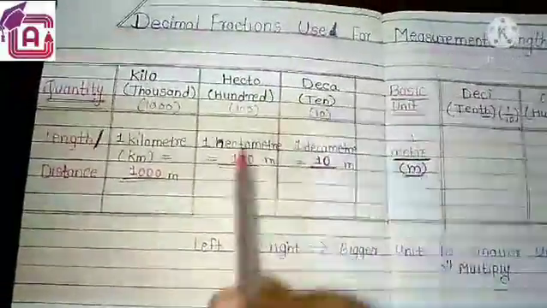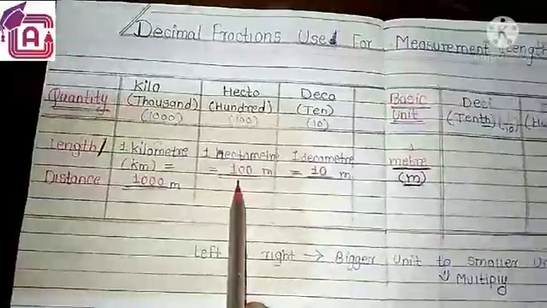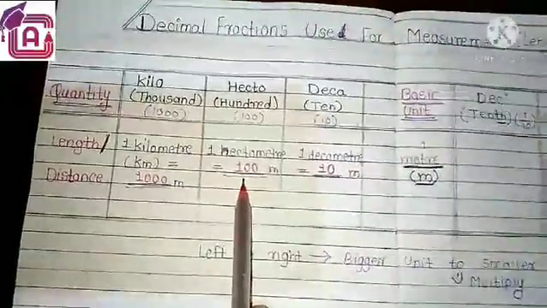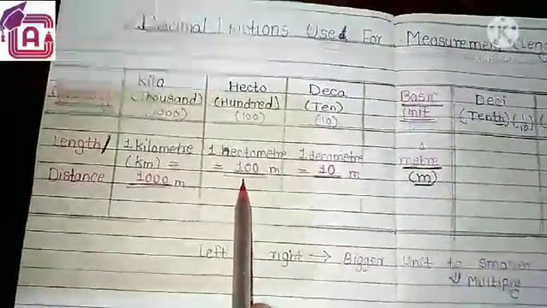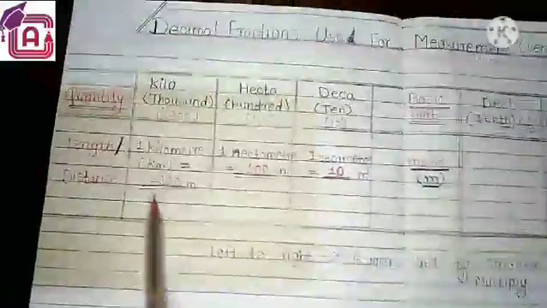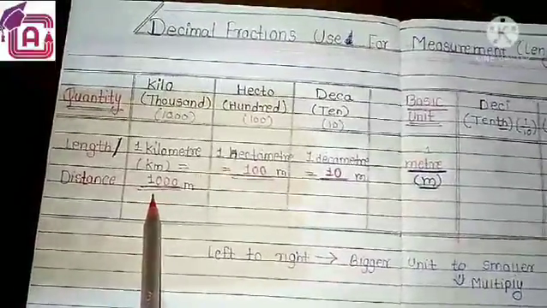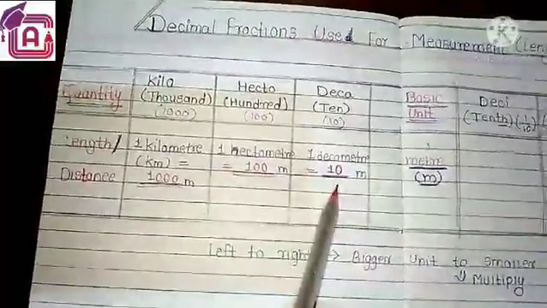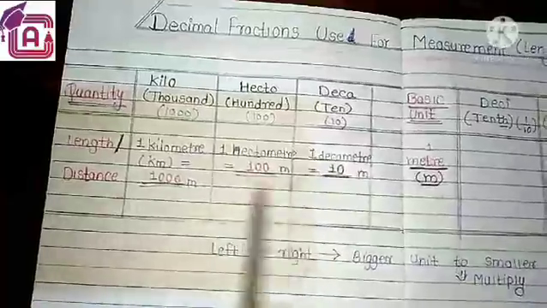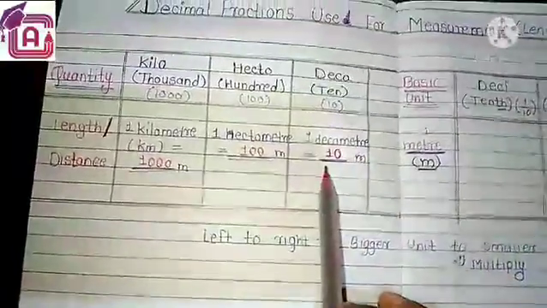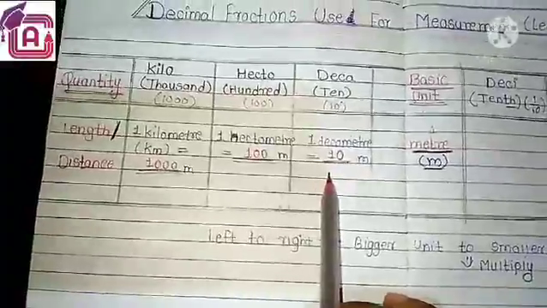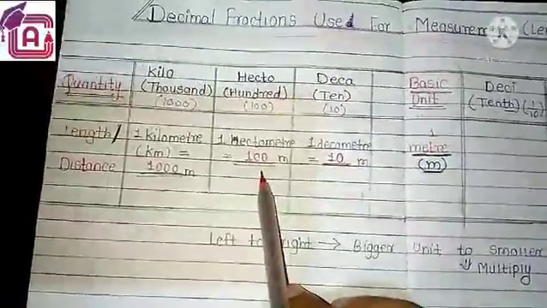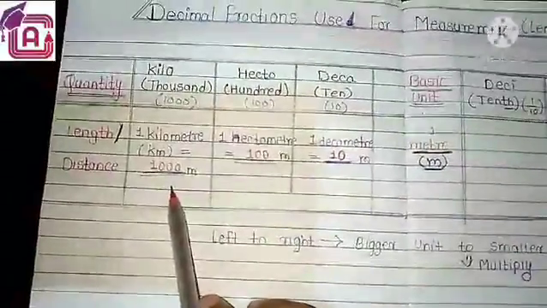Then after deca, which is greater than meter, is hecto, that is 100, 10, 100, and then kilo, which is also greater than meter, becomes 1000, 10, 100, 1000. All these are the multiples of 10. 10 times multiplication is 10 tens are 100, 100 tens are 1000.